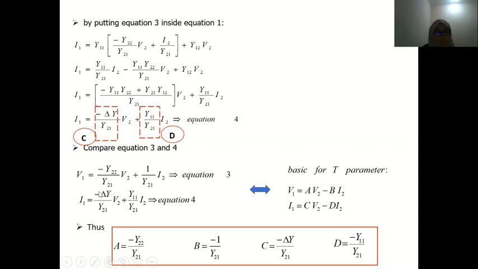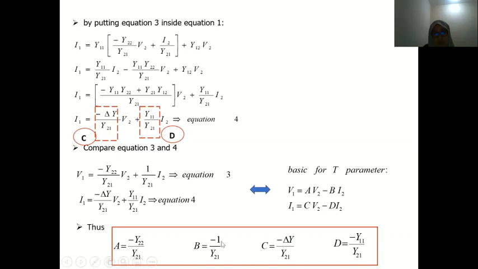So this is your C terms, and then this is your D terms. You see here, this must be a minus. So that's why, thus, your A is equal to minus Y22 divided by Y21.